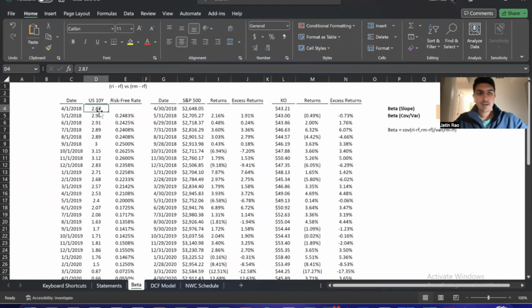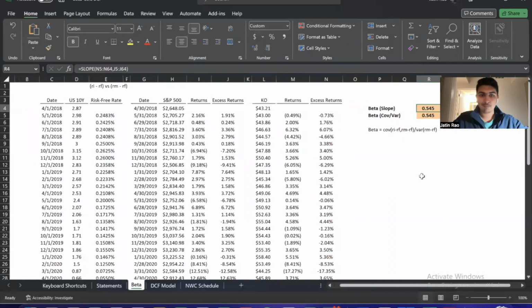All you really need to do is go to the FRED economic database and get the US 10-year rates, get monthly 10-year rates, convert them into monthly risk-free rates, then go to FactSet or any database of your choosing, download however many years of historical data, convert those into monthly returns, and then use your risk-free rates to convert those into excess returns, and do the same with your stock, and then use the slope formula to calculate the beta of your stock. I would say that's simple. I don't think that's too involved of a process.